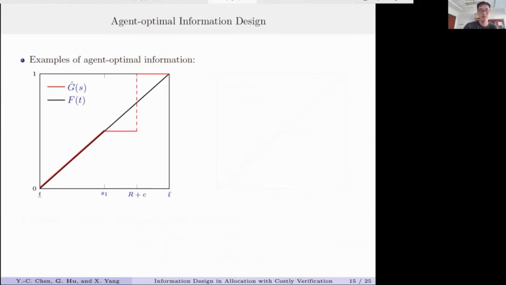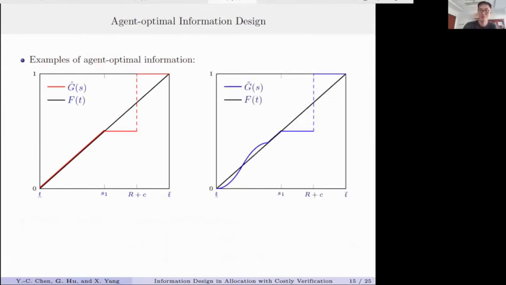Here is a figure to illustrate that solution. This is not the unique agent optimal information. There's another one, the blue one. Above the cutoff S1, information is pooled, and below S1, as long as the mean preserving contraction condition is satisfied, the details are not important. It doesn't affect the agent's payoff or the principal's payoff.